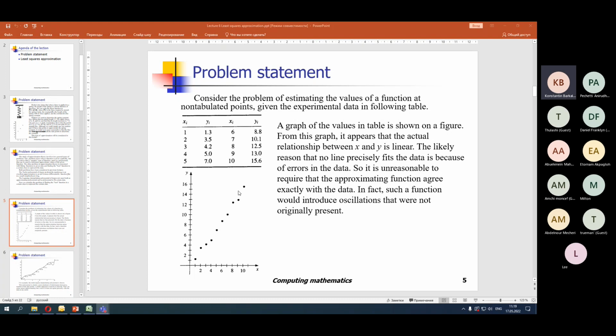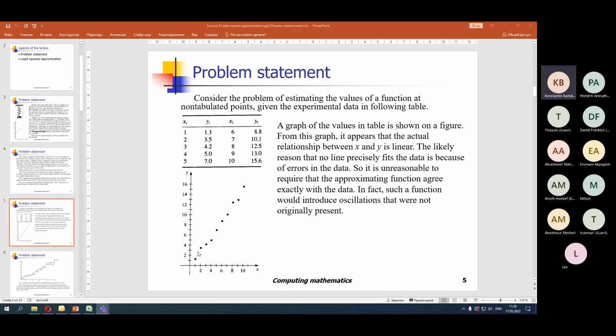From this graph, it appears that the actual relationship between x and y is linear. And the likely reason that no line precisely fits the data is because of errors in our experiment.